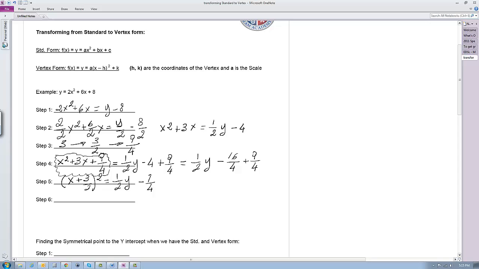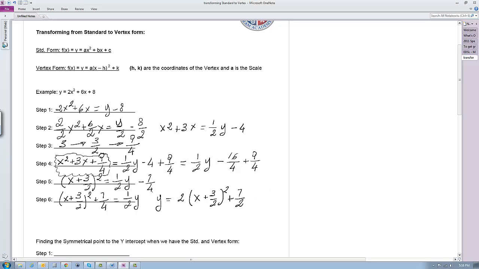First, let me move this term to the left, and so I can rewrite everything as (x plus 3/2) squared plus 7/4 equals half y, and then let's multiply everything by 2 so I can get rid of this 2. I can rewrite this equation as y equals 2(x plus 3/2) squared plus 7/2. Here we go.